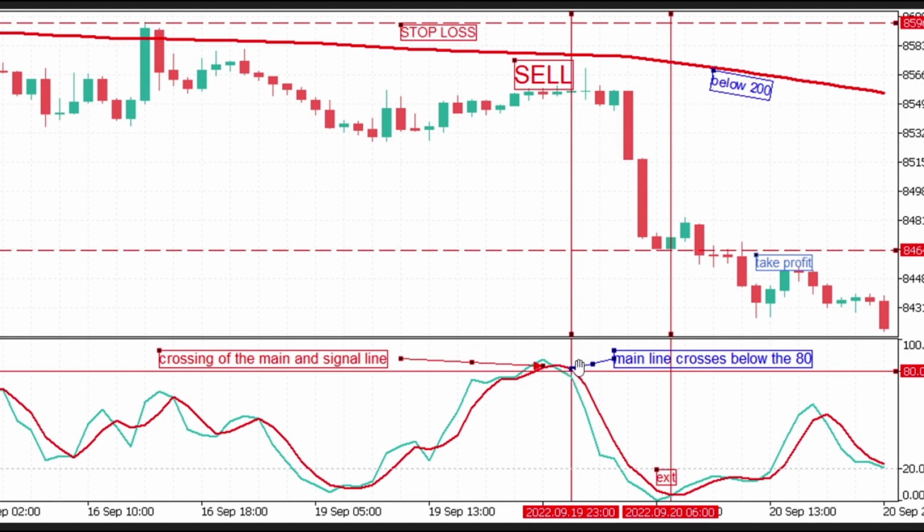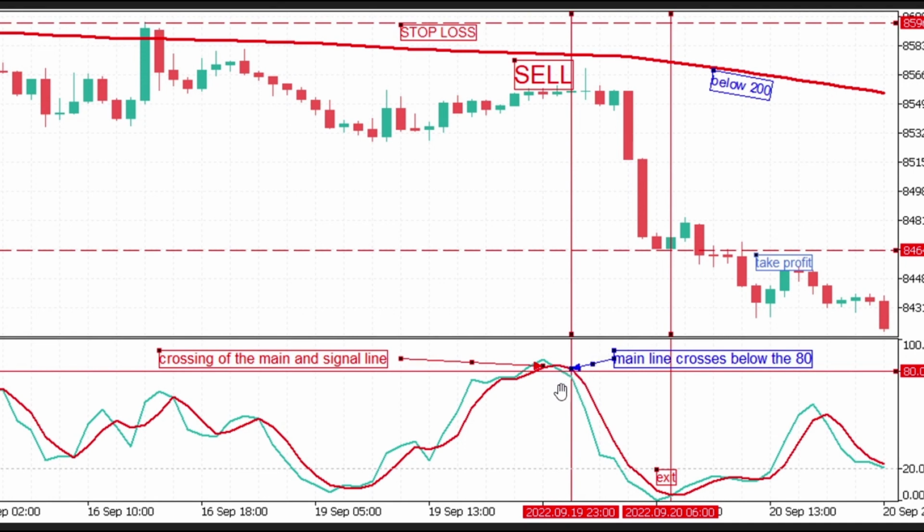My advice concerning this: when you're using the main line it will quickly give you a signal, and with the signal line, the red line, there will be a delay in giving the signal. But sometimes the signal that is generated using the main line tends not to be strong.